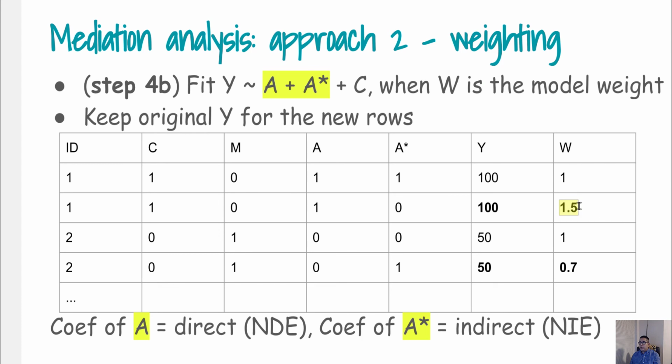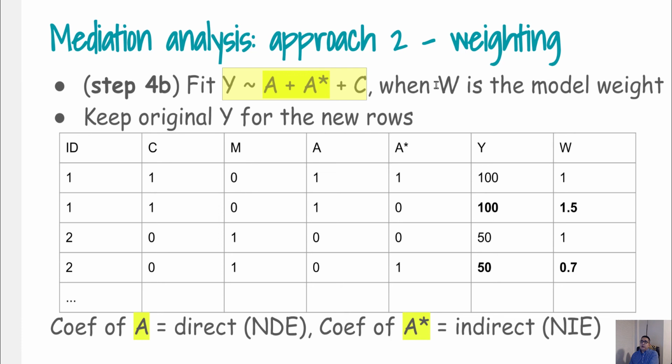So our W values will look like this. Once we have our W's, we again fit the same model that we fitted in step 4 of the imputation approach.